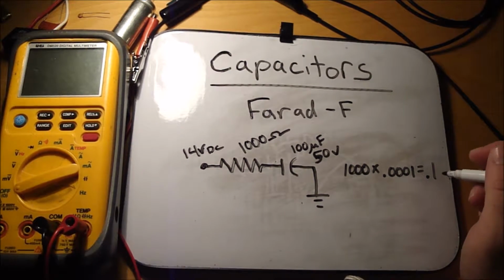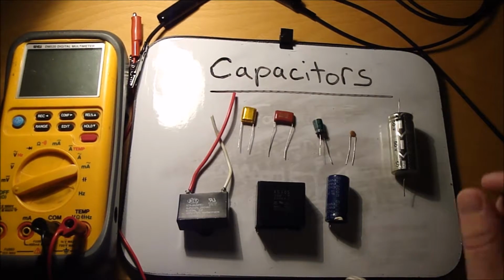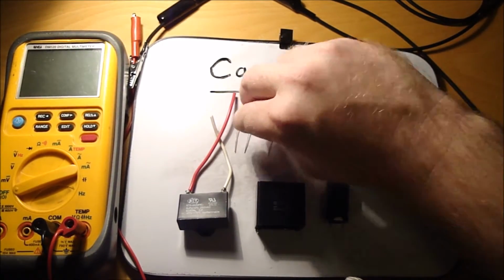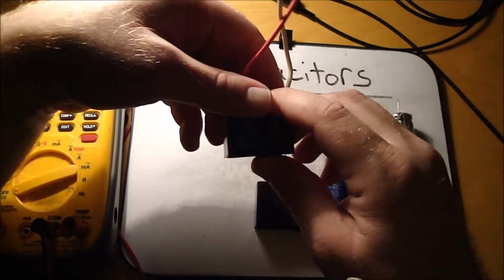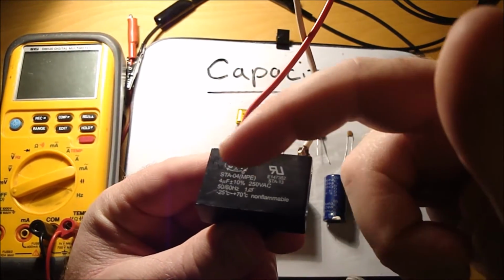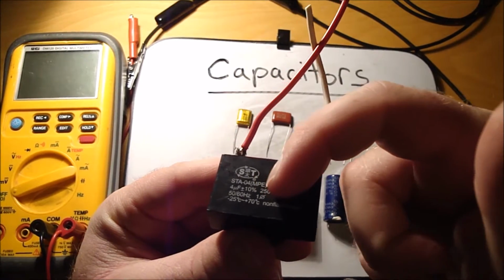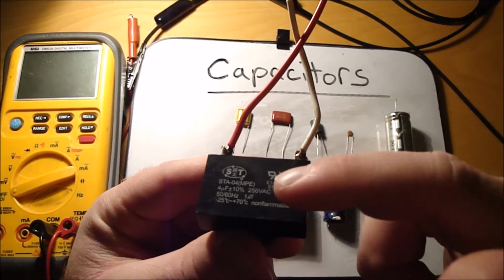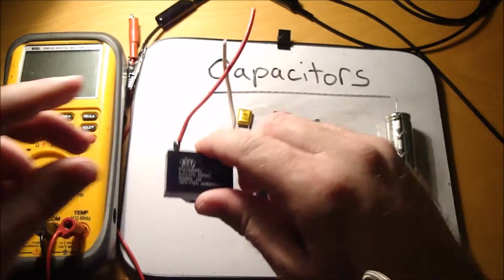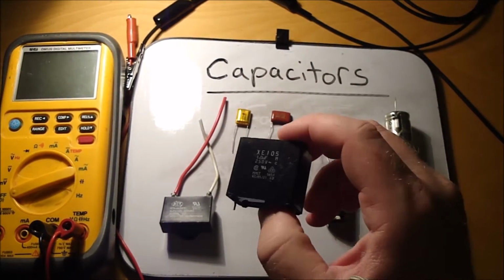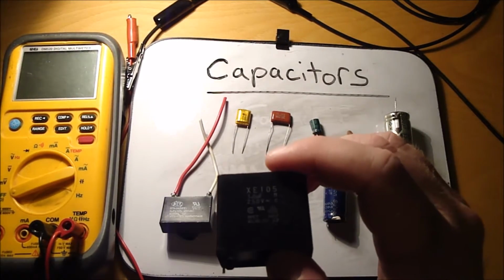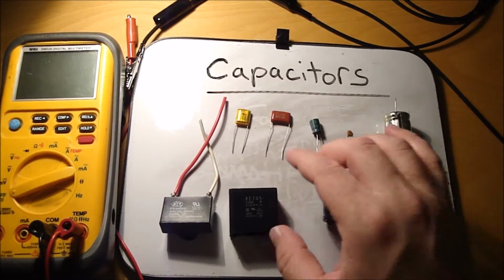Alright, so here's several different types of capacitors you'll see, and this one just tells you exactly what the microfarad is. This one's 4 microfarad, 250 volts AC. So this one is a non-polarized capacitor. Here's another non-polarized, and this one's 1 microfarad, 250 volts AC.